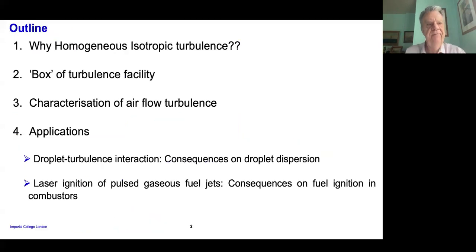I will start by explaining why, describe the facility and demonstrate that you do generate homogeneous isotropic turbulence, and then look at two applications: the droplet turbulence interaction and eventually how this affects droplet dispersion, and also laser ignition in the same environment where you inject gaseous fuel jets, which eventually has a link with combustion.